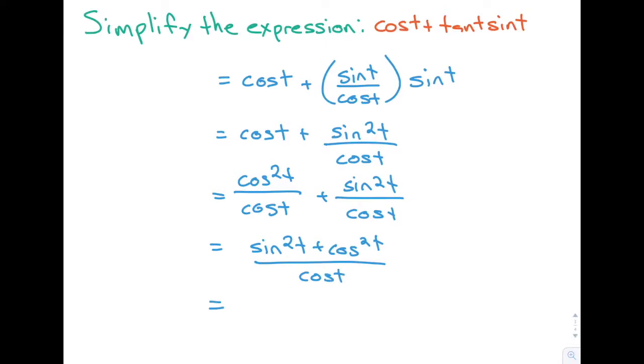And since sine squared t plus cosine squared t is by the Pythagorean identity 1, we have 1 over cosine t, and this just equals secant t. So this entire trigonometric expression there can be simplified down to just secant t.